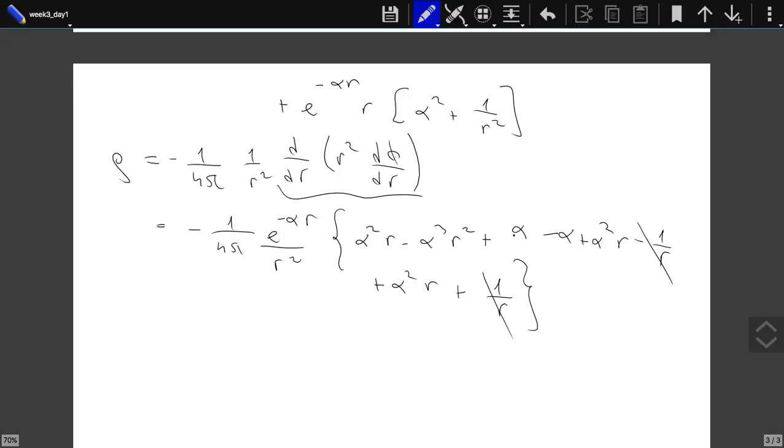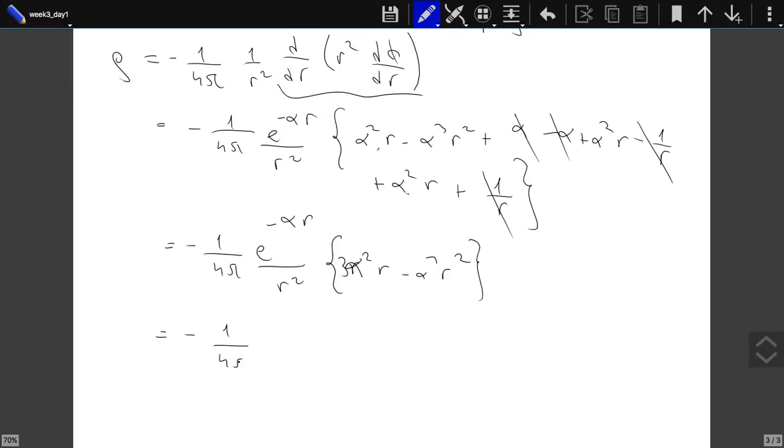Okay, if I didn't make any mistakes, these cancel. Alpha squared r's, there are 3 of them. Okay, 1, 2, 3, and yes.